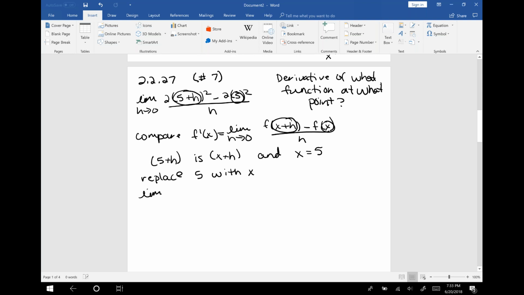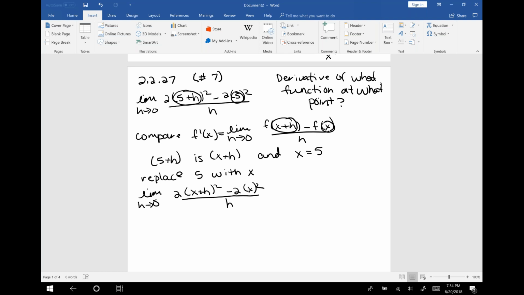So we have the limit as h goes to 0 of 2 times (x plus h) squared minus 2 times x squared divided by h, since x is 5.